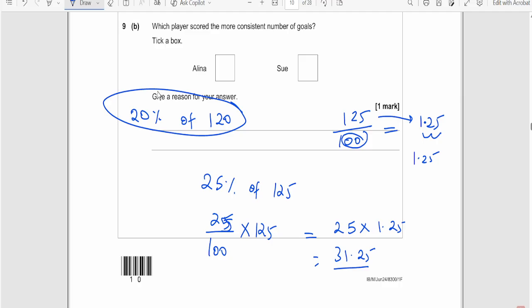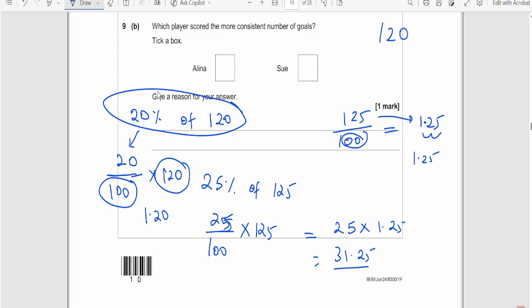Yes, I did 120 divided by 100, and I got this one. 20%, you write 20 over 100, right? This is 20%. Then you multiply it with 120. Then you divide this 120 with 100. If you divide it, you will get 1.20, right?